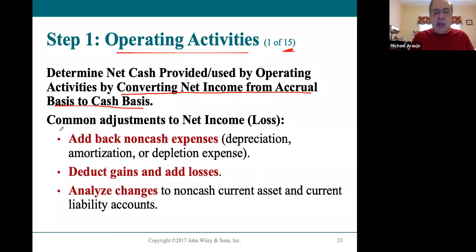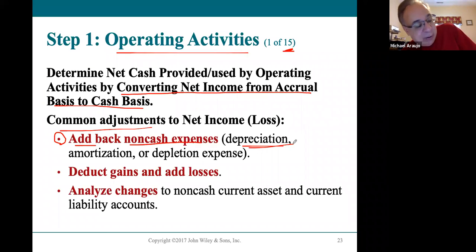So here are the adjustments that we have to make to net income to convert it from accrual to cash. Okay, so we have a right number. So the first thing that we do is we're going to add back all of the non-cash expenses. And the biggest non-cash expense that we have is depreciation expense. Now think about that.